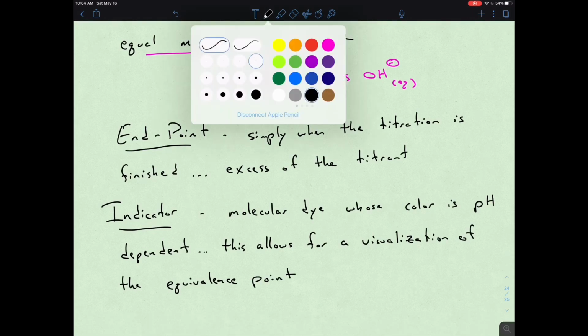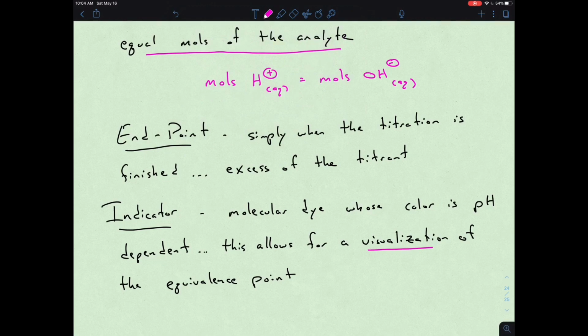That's important as well, that we have to be able to see when we have moles equal to moles. While we're going to get a lot more into acid-base chemistry in the second half of general chemistry, here we just have to realize that there's going to be a color change, and that's going to ascribe to the actual equivalence point where I have moles equal to moles.